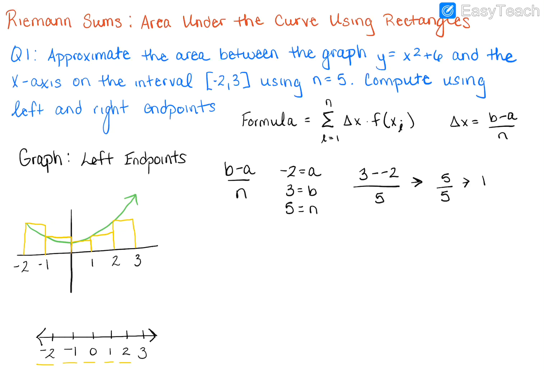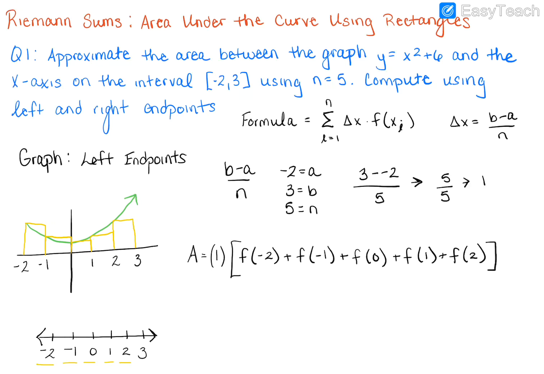So when we're setting up our area, the area is going to be equal to 1 times our plugged in values. So it's going to be 1 times f of -2 plus f of -1 plus f of 0 plus f of 1 plus f of 2.